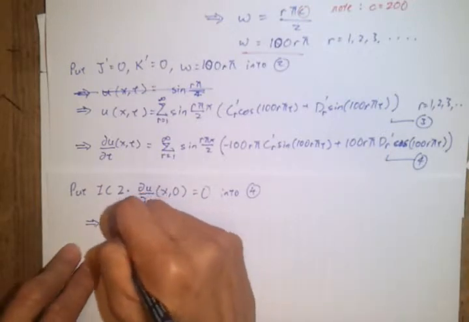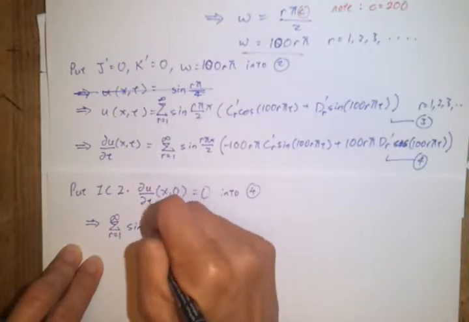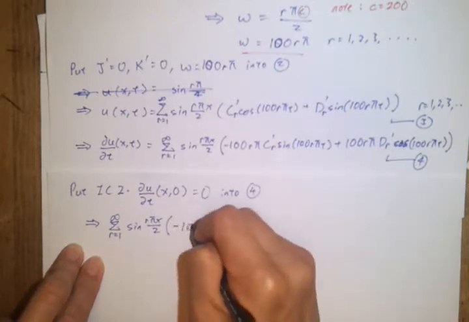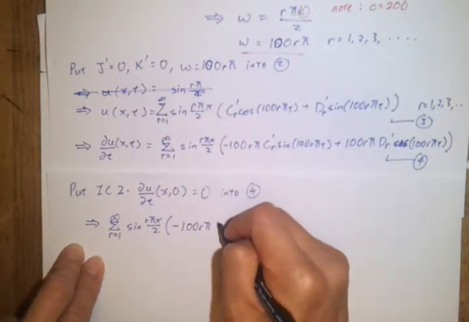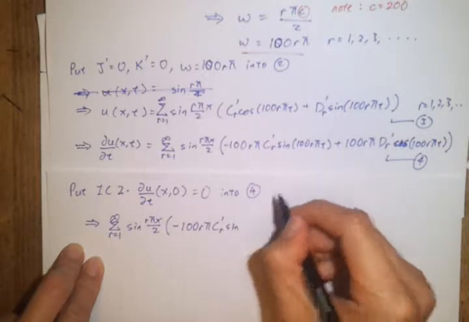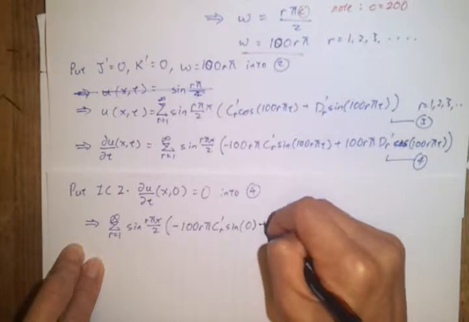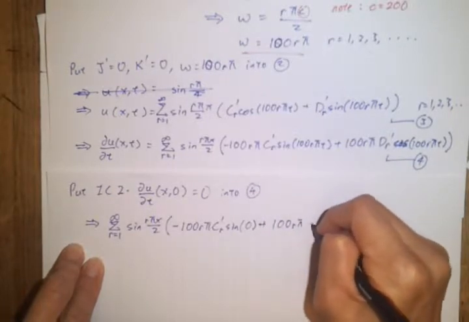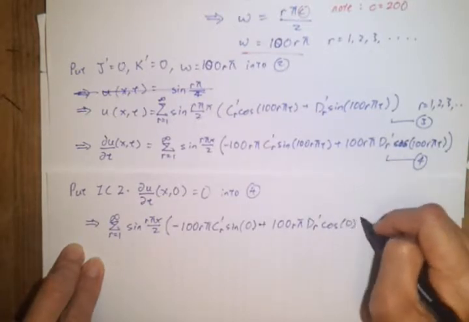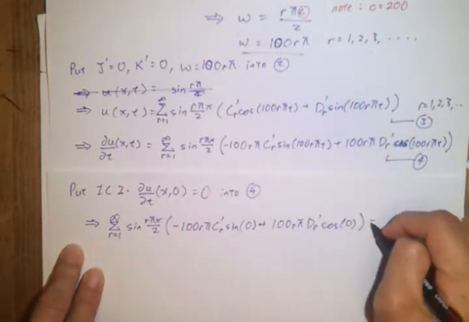You have sine r pi x over 2, times minus 100 r pi c r prime sine 0, since t is 0, plus 100 r pi d r prime cos 0, and this must be equal to 0. This is one of the initial conditions.